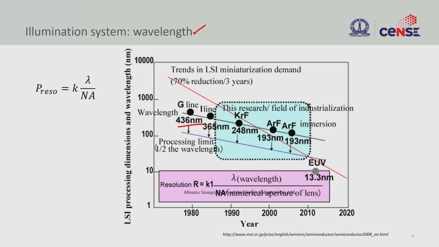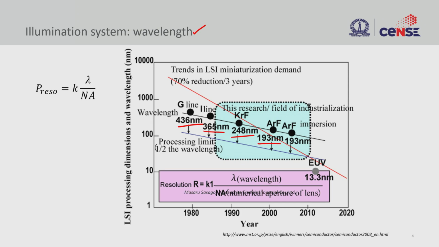So this G line and I line, if you remember from the mercury vapor lamp, we were able to filter this and use this for micron scale technology. And then we used deep UV, 248 nanometer. This is all now in the laser mode. And there we were able to achieve 100 and sub 100 nanometer.